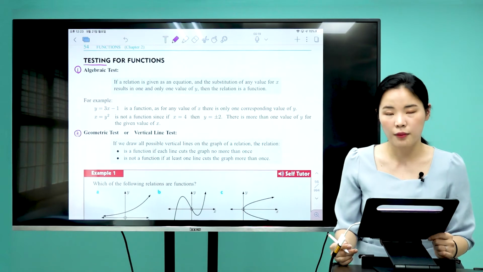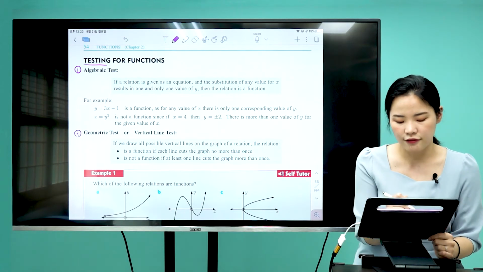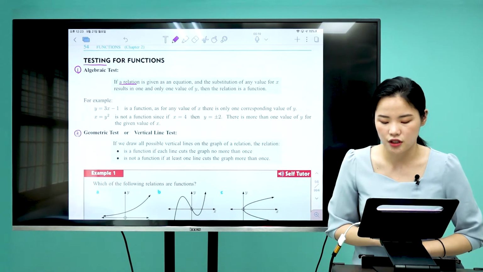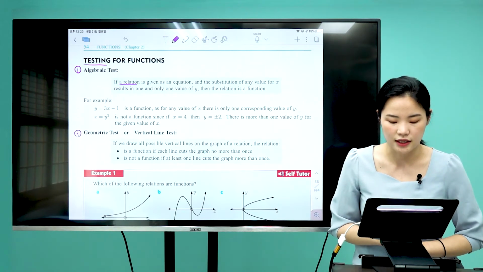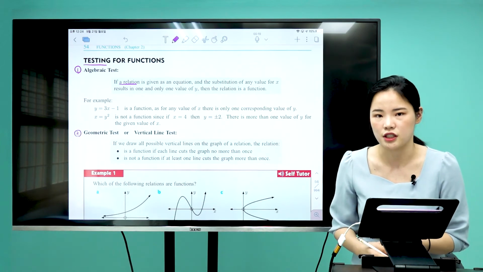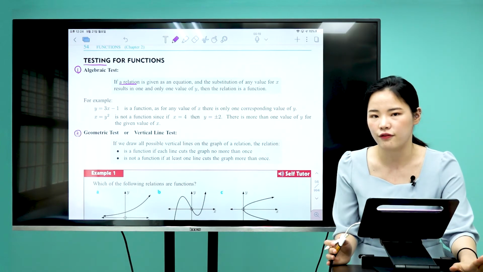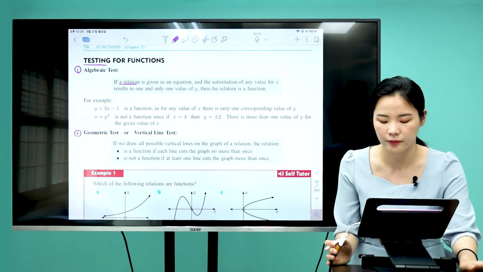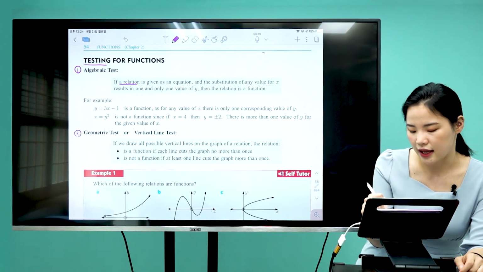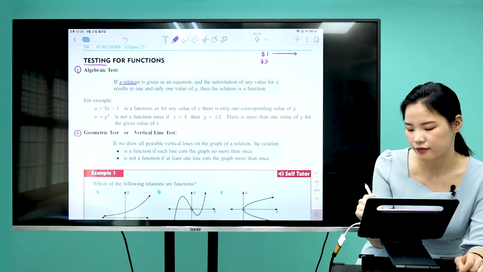So how about the algebraic test? If a relation is given as an equation and the substitution of any value of x results in one and only one value of y, the relation is a function. We already know the definition from the vending machine metaphor: if we put in, let's say, $1 or $3, we can have a Sprite.